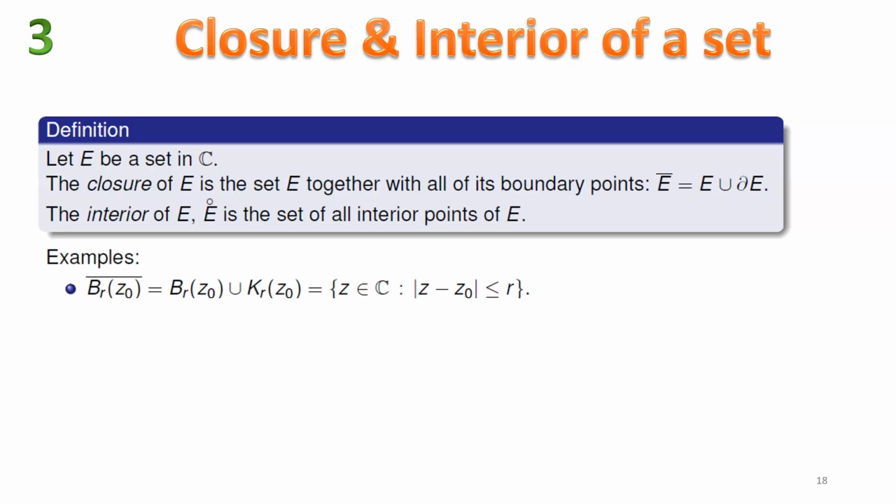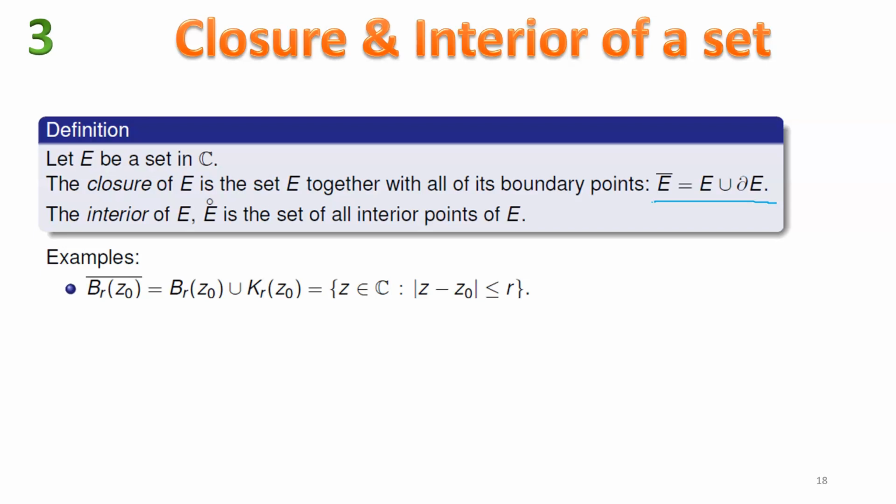So by this definition, the closure of E, which we write as E bar, is equal to E union del E, that is, the interior of E union the boundary of E.